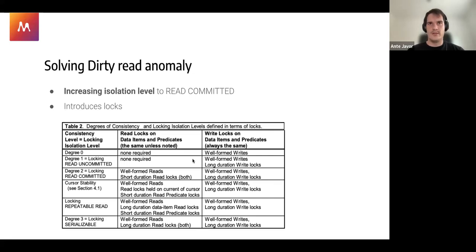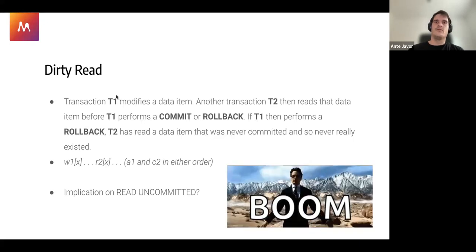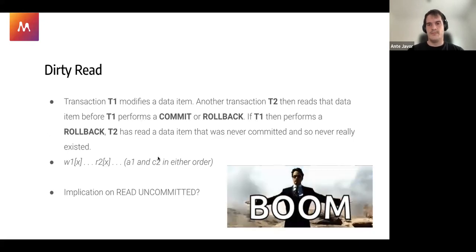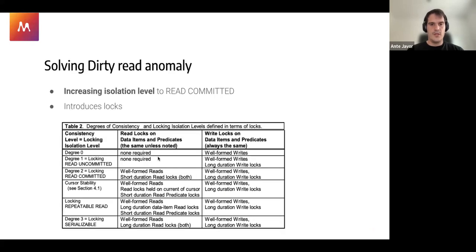You can just use write locks. And with read uncommitted, you don't need a lock for reading the data. But if you are using read uncommitted, this will happen. You have, for example, dirty reads, which is not great. Read committed, of course, introduces the read locks, which prevents these things from happening. But it is not the only best isolation level. It is very common and very popular, used in a lot of databases.